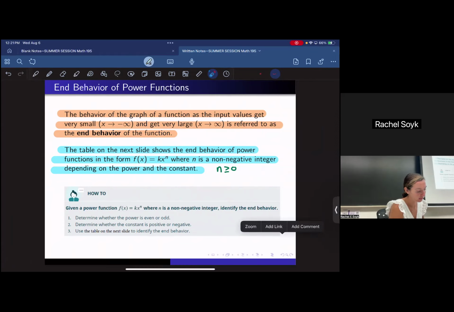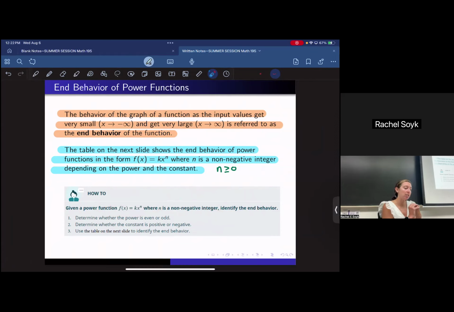So this last part over here is just when you're given a power function, how do we identify the end behavior? And so I verbally spoke about this during the objectives. But essentially, we want to look at even degree and odd degree polynomials.